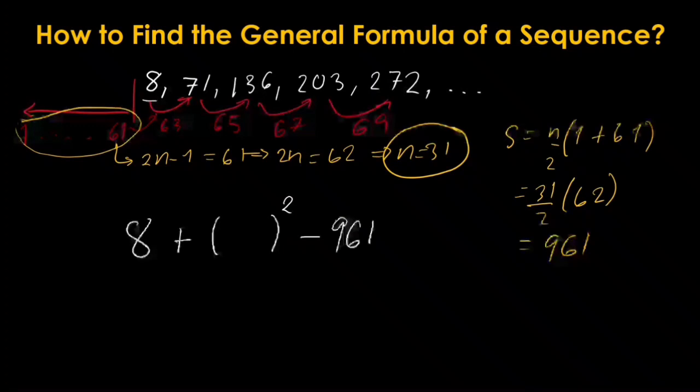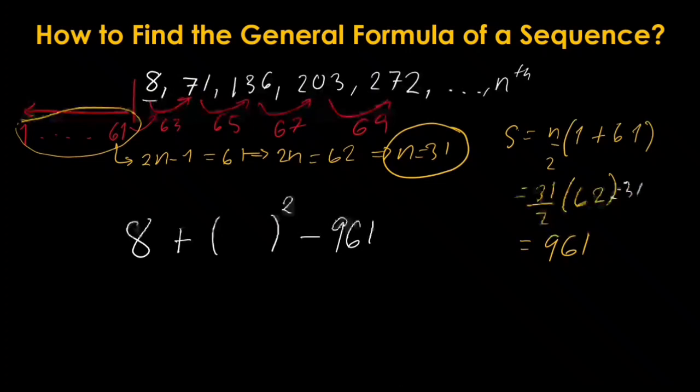But I want n, so this goes up to n terms. So now we have to make sure that this is 31 here, because 961, if you notice, is 31, and 62 divided by 2 is 31. So that's actually 31 squared. So we have to make sure this is 31 squared.